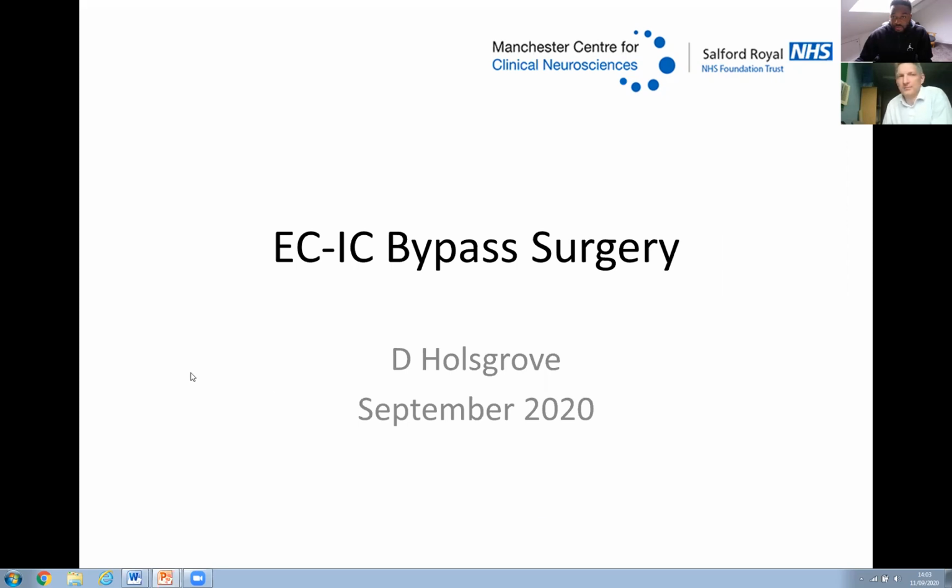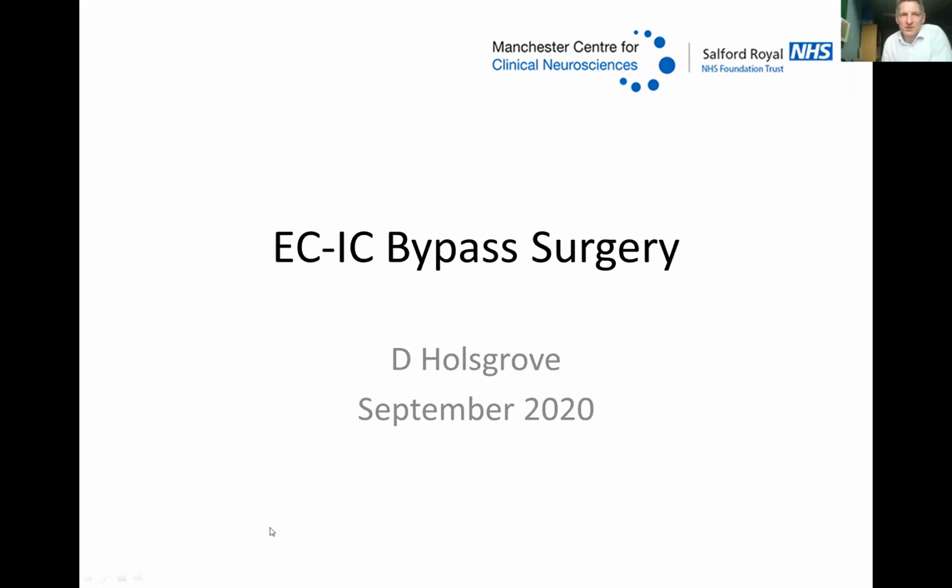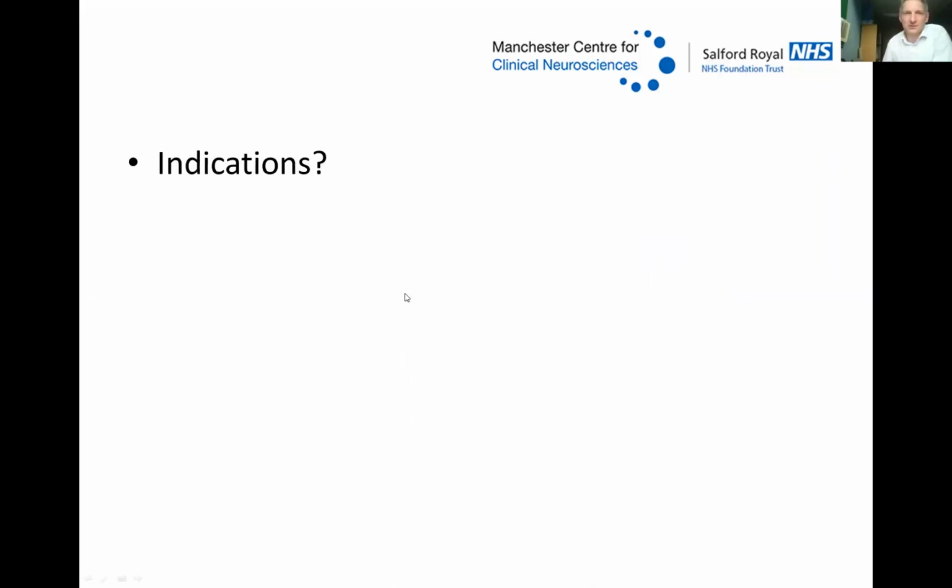Thank you, Sean. So as Sean says, we're going to talk about ECIC bypass surgery. To start with, can anyone give me any indications for why you might perform this procedure? Moyamoya disease. Yeah, that's a good one to start with. Any others?